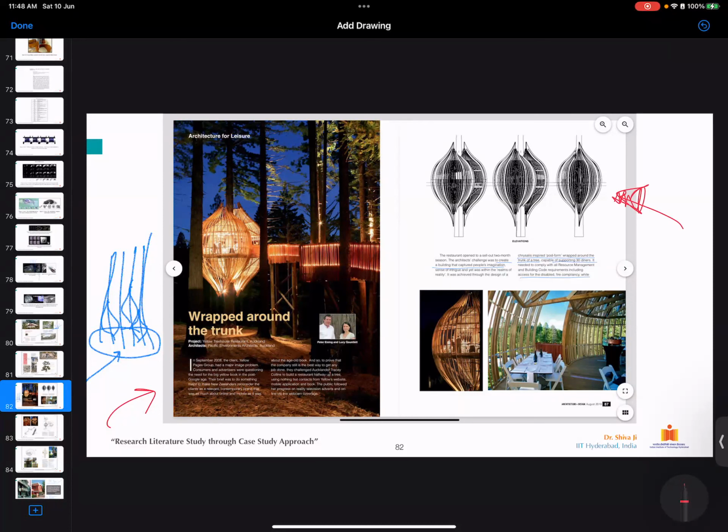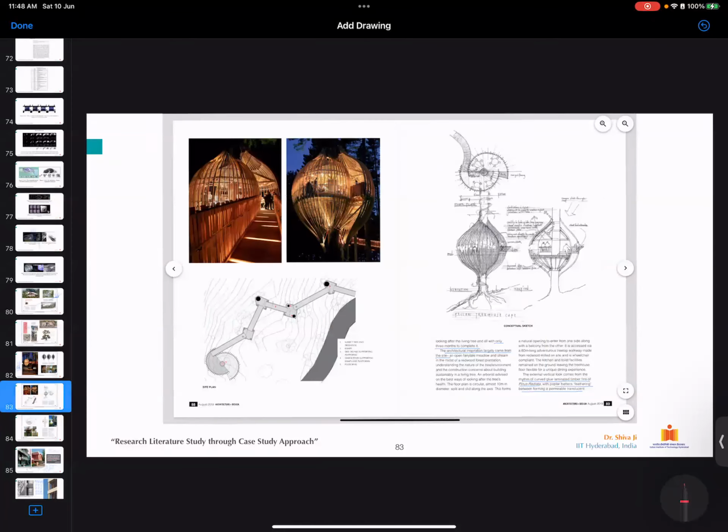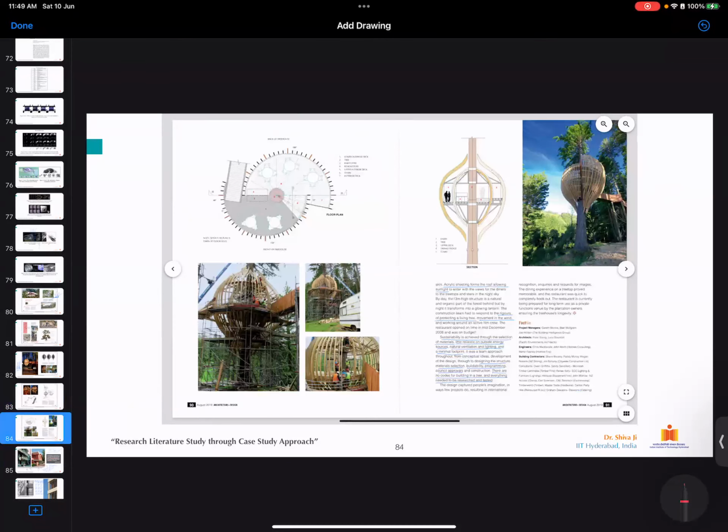So you see its section and the details over here. Site planning, some more sections, some more details, concept sketches. Some more details here.